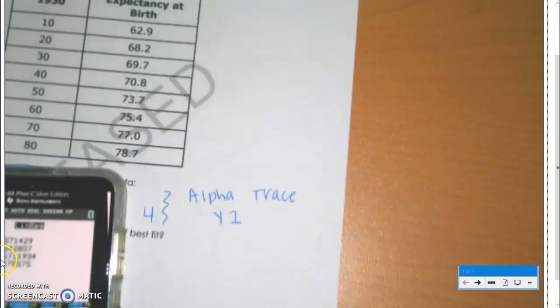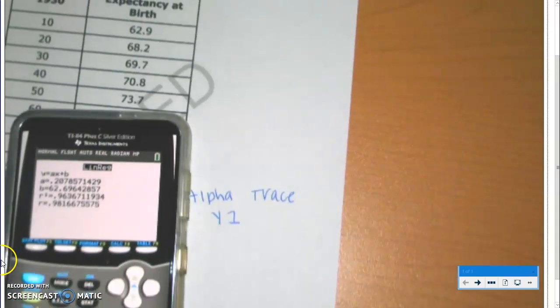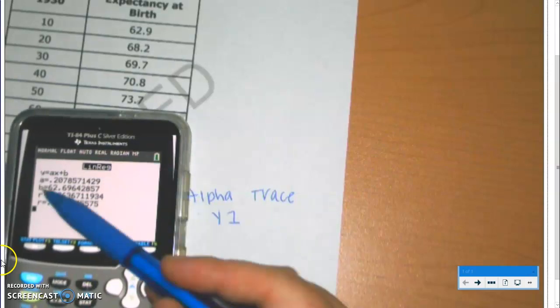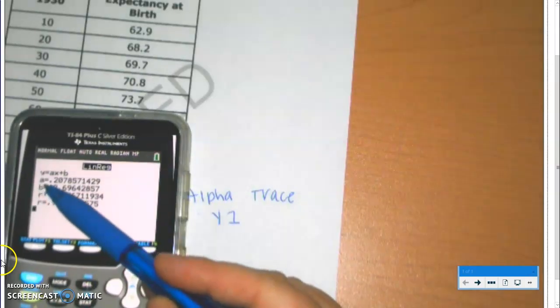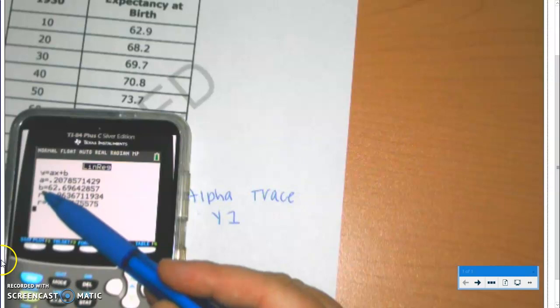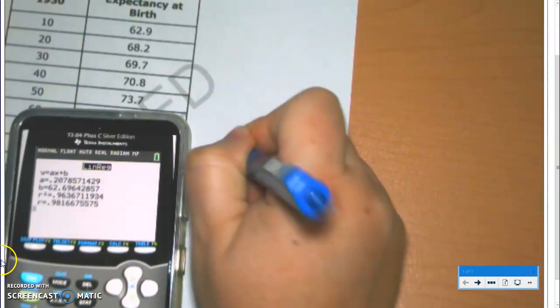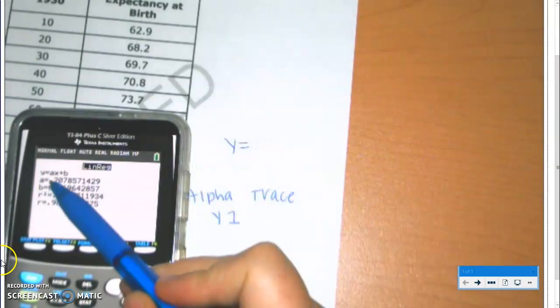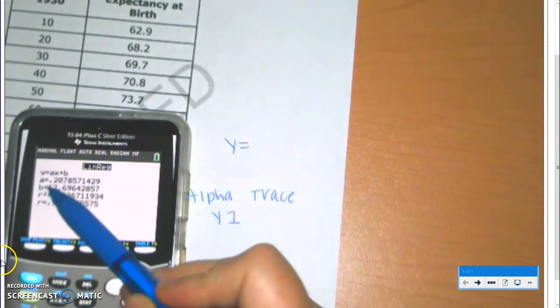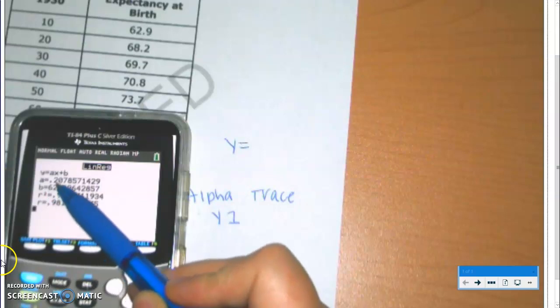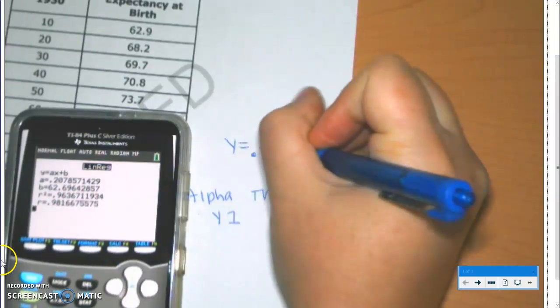So the calculator gives you the a and the b, where a is the same thing as the slope. That's the m, and b is the y-intercept. So I kind of already ran out of room. So I'm just going to have to transfer where it says a equals, I'm going to round that to 0.21, and that's my slope.